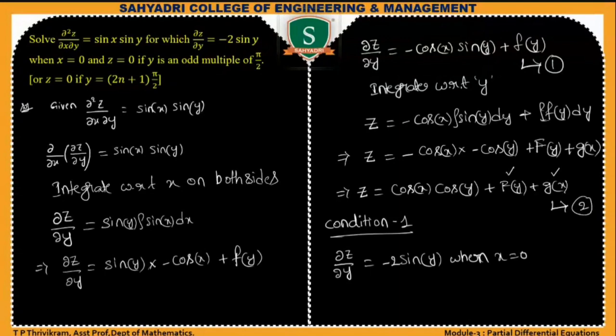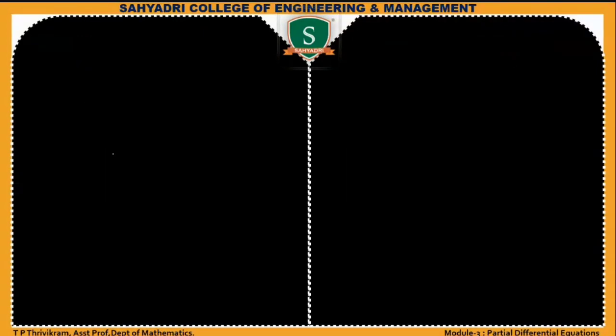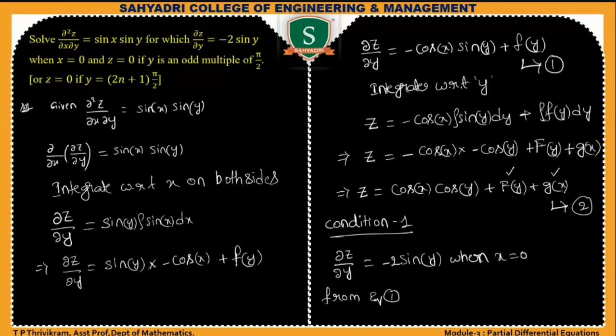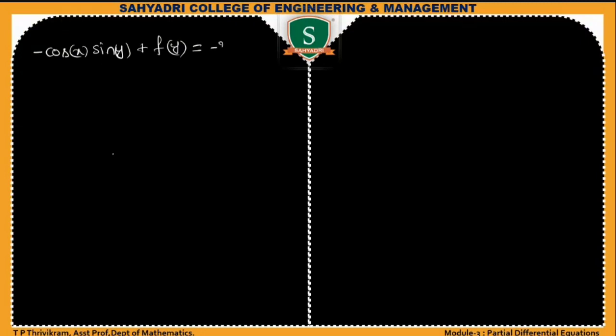So from equation 1, dou z by dou y value is minus cos x into sin y plus f of y, is equal to what they have given here, minus 2 sin y.